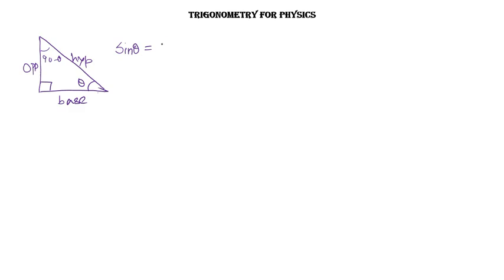So the trigonometric functions are defined on a right angle triangle as follows: sine theta is nothing but opposite by hypotenuse. Cos theta is nothing but base by hypotenuse. We can say base, or we can say adjacent. So this is the adjacent side of theta, this is the opposite side of theta, and this is the hypotenuse of this right angle triangle.